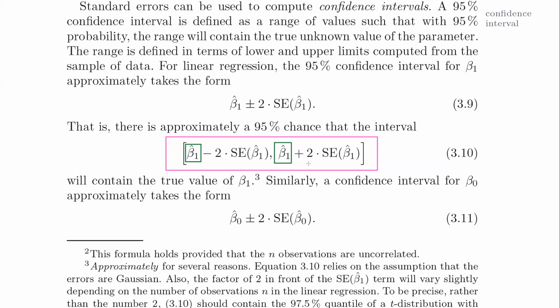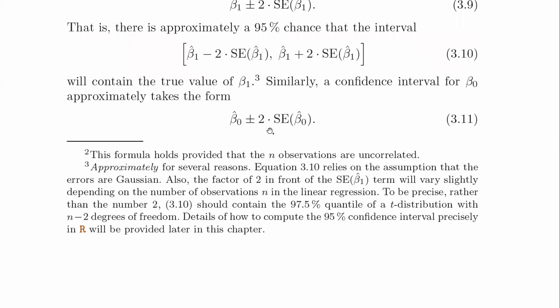And then you're going to move to the left and to the right to create this interval. By how many units? Twice the standard error of beta 1 on either side. So the interval is centered at beta 1 hat, and you kind of have this symmetry. You move the same number of units to the left and to the right. Similarly for beta 0 hat.